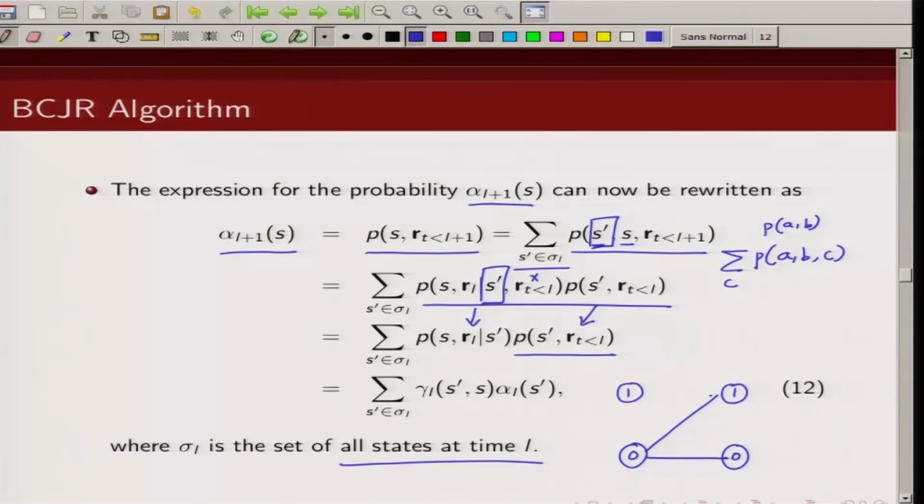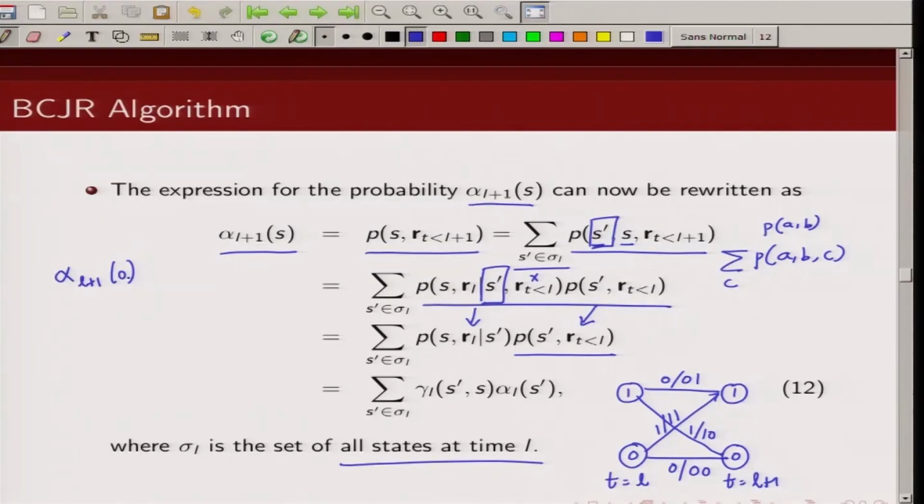There are 2 transitions: this is input 0 output 0 0, input 1 output 1 1, here input 1 output 1 0 and here input 0 output 0 1. Let us say this is time t equal to L and this is time t equal to L plus 1. How can we write alpha at L plus 1 for the state 0?